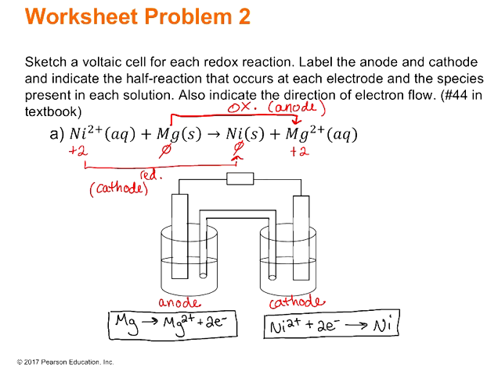All right, so on the anode side, our electrode will be made of magnesium. So we'll have a magnesium metal strip there. And then we'll have some sort of solution with magnesium ions in it. So that could be magnesium nitrate, for instance. And then on the right-hand side, we'll use nickel as our electrode. And then we'll have a solution with some nickel ions floating around.